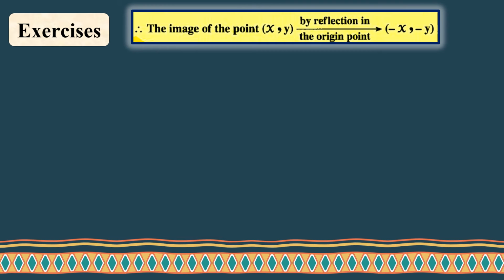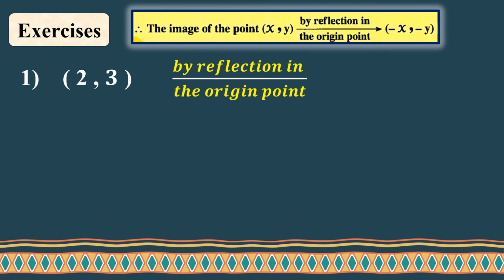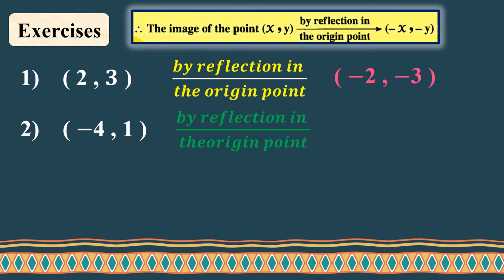Now exercises: the image of the point (x, y) by reflection in the origin point is (-x, -y). Number 1, (2, 3) by reflection in the origin becomes (-2, -3). Number 2, (-4, 1) by reflection in the origin, we change the sign of x and y.